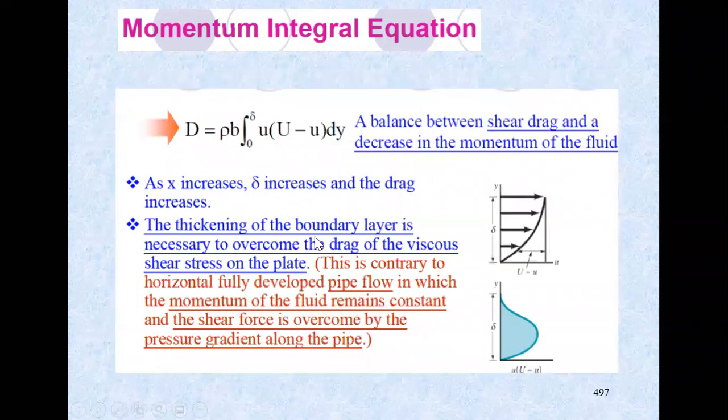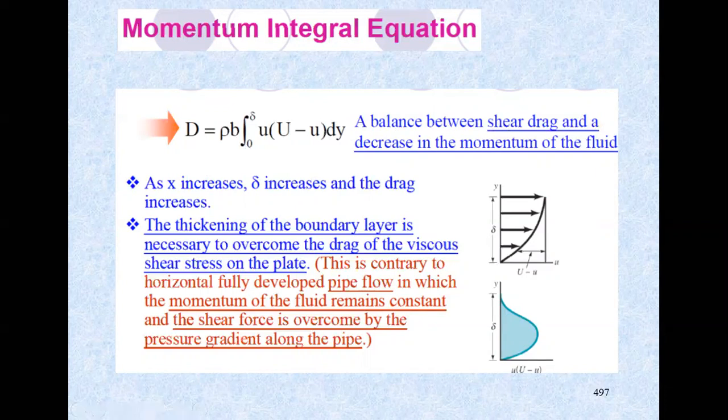Bear with me first. So the drag is equal to the momentum integration on this, and it will balance the shear drag. So there is a balance between the shear drag, previously from the tau w dA integration, and the momentum integral on this one.